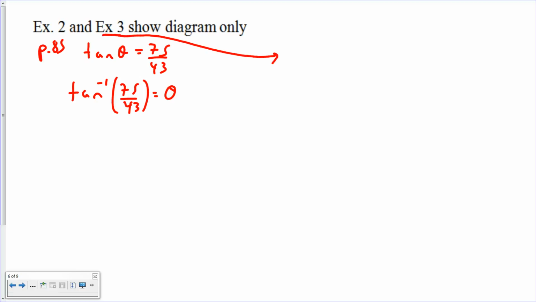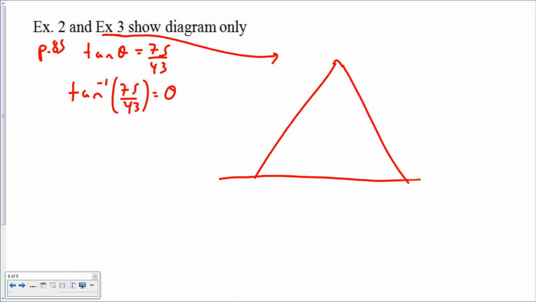Example 3 is talking about a pyramid, and it says on that pyramid that there's an angle of depression to a starting point, which is 52.6 degrees. Now, be careful with this because the angle of depression is where it's horizontal down, so it's outside of the triangle. 52.6 degrees.